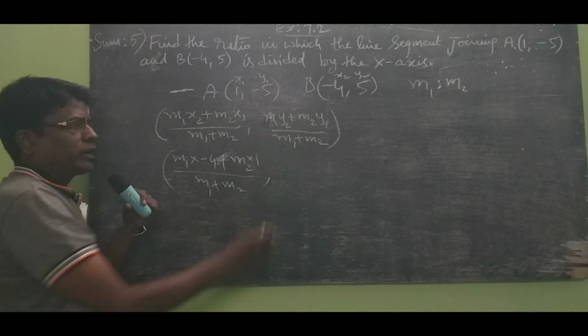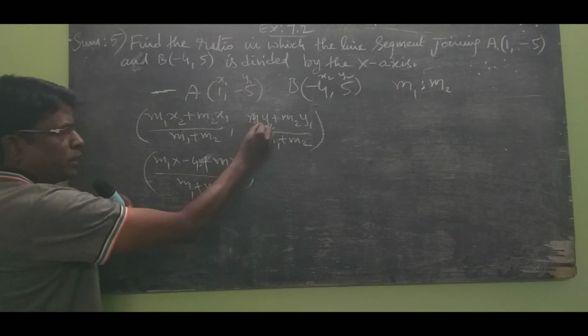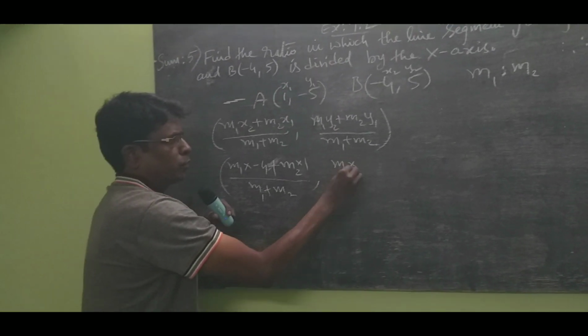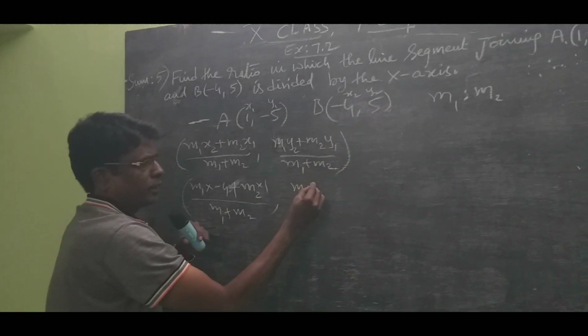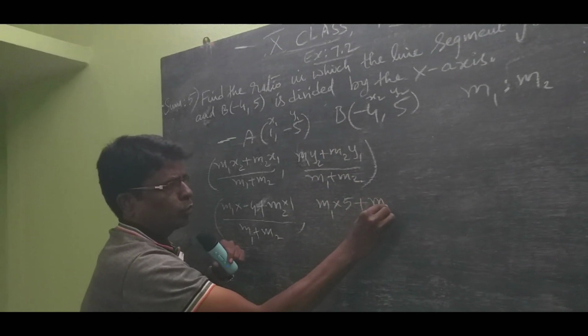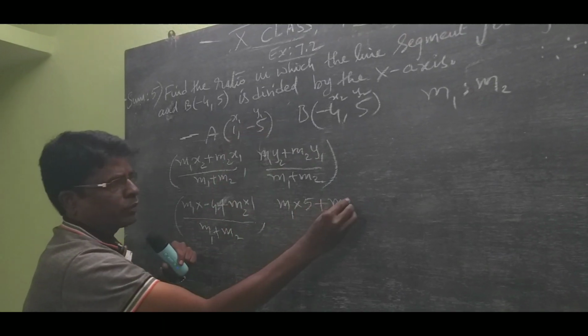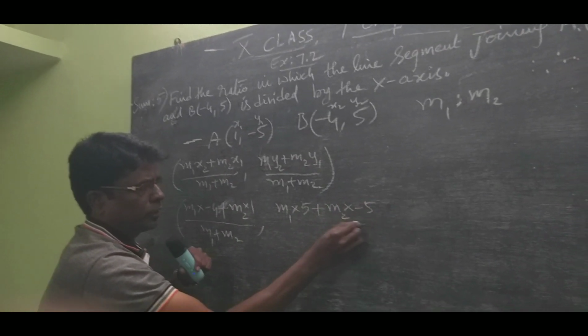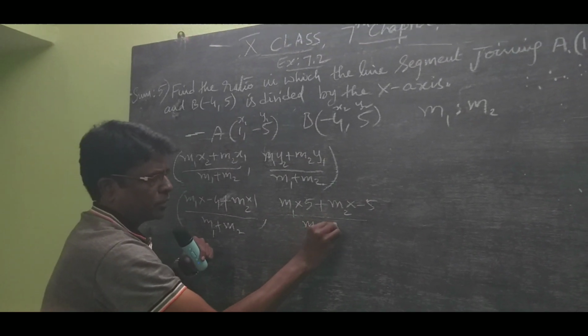Here also substitute y1 and y2. m1 into what is y2? 5, plus m2 into what is y1? Minus 5, so m2 into minus 5, by m1 plus m2.